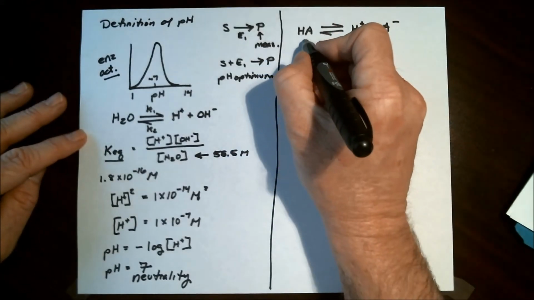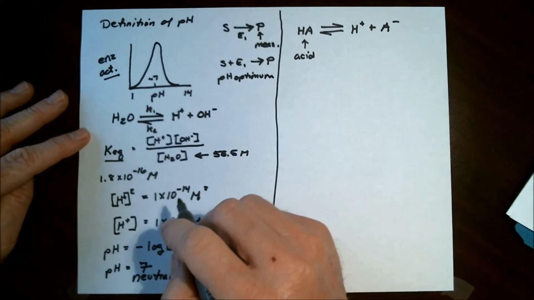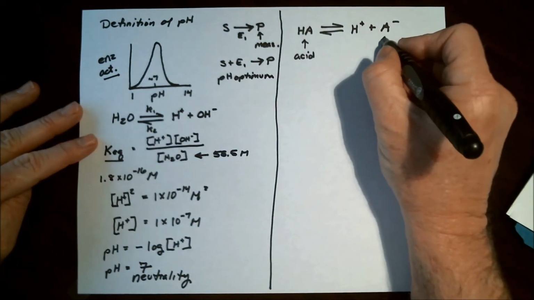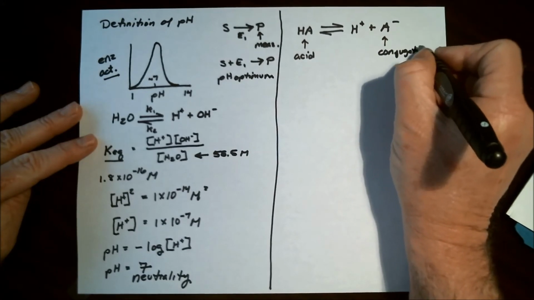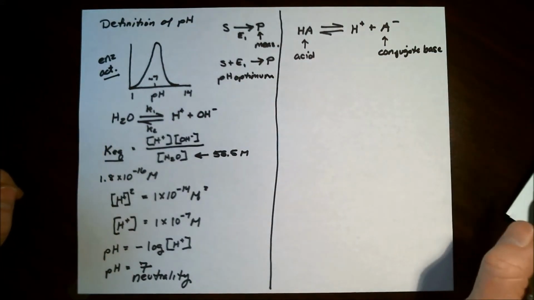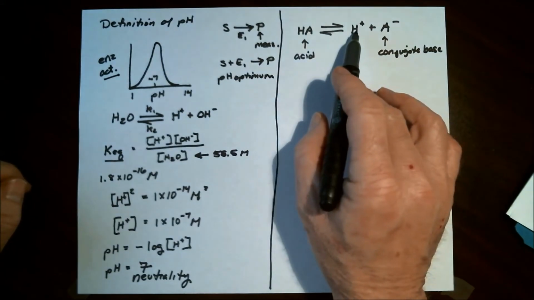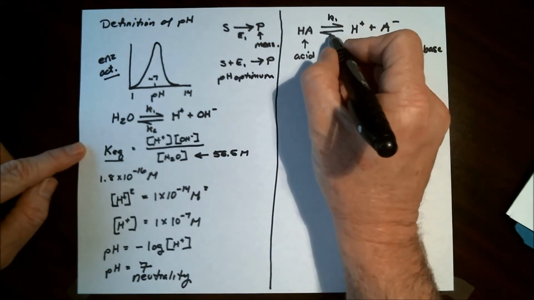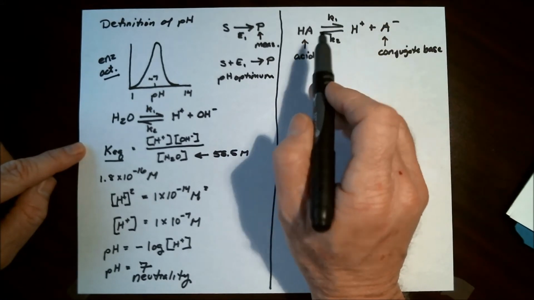So HA represents the acid, H plus is the dissociated proton, and A minus is the conjugate base. Now, depending on the acid, some acids are stronger than others, and we will have a greater rate of dissociation than with weaker acids.